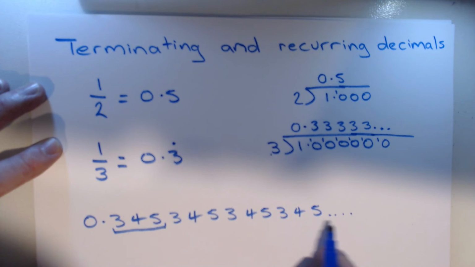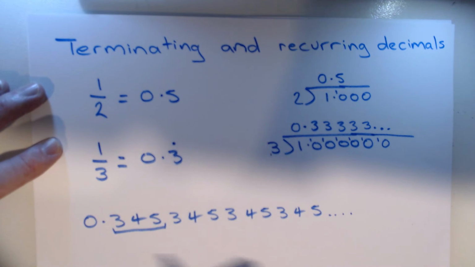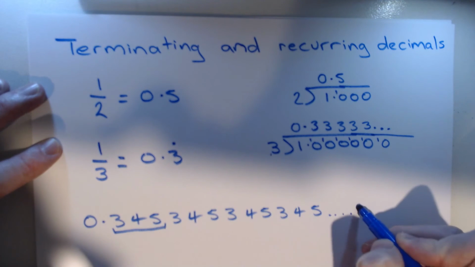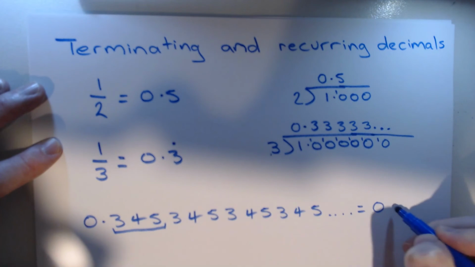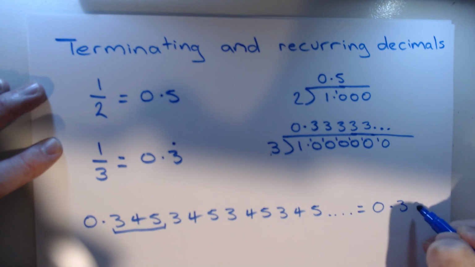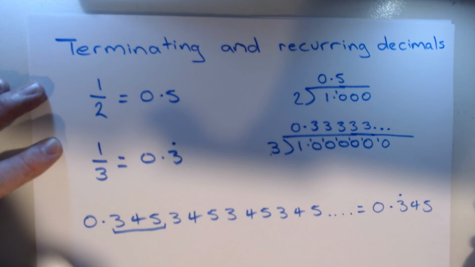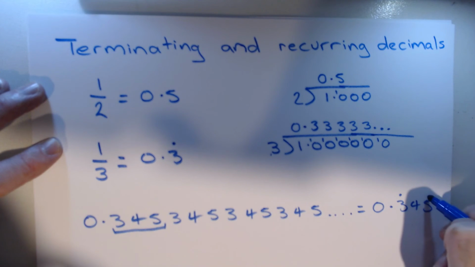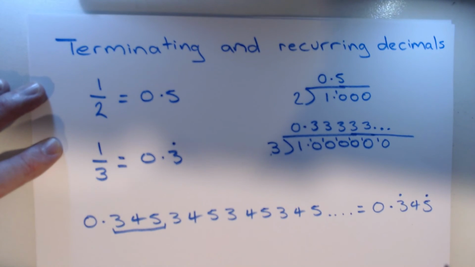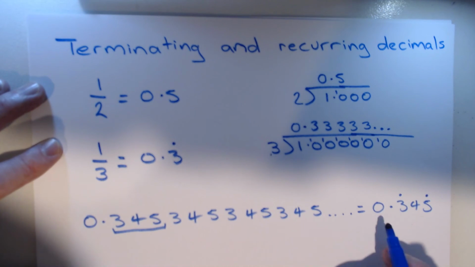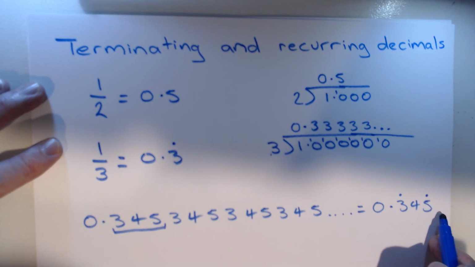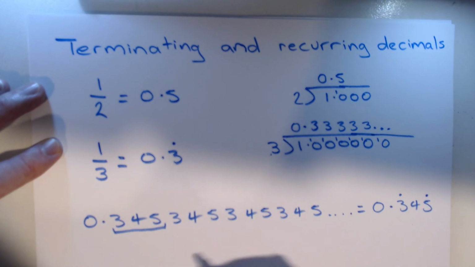And rather than having to write this long string and continuing on forever and ever, the way that we can write this recurring decimal is simply by writing 0.345, and then we use 2 dots, 1 over the first digit of the recurring decimal and 1 over the last digit of the recurring part of the decimal. And this indicates to mathematicians that the decimal is actually 3 4 5, 3 4 5, and so on.